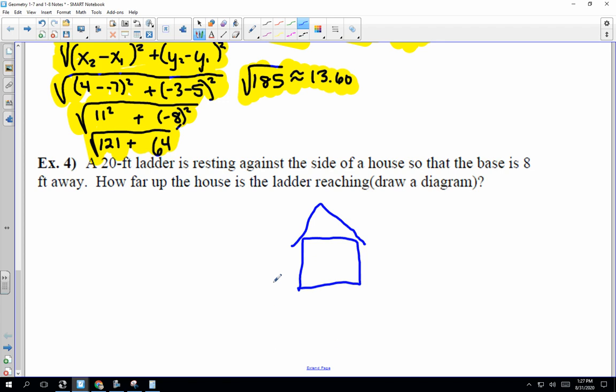Okay, 20-foot ladder is resting from here to here against the side of a house, so that the base is 8 feet away. So from here to here is 8 feet. From here to here is 20 feet. How far up the house is the ladder reaching? Draw a diagram.